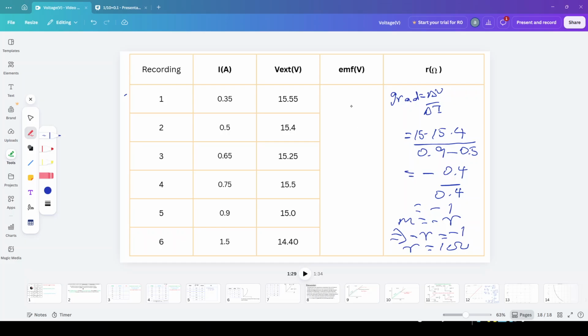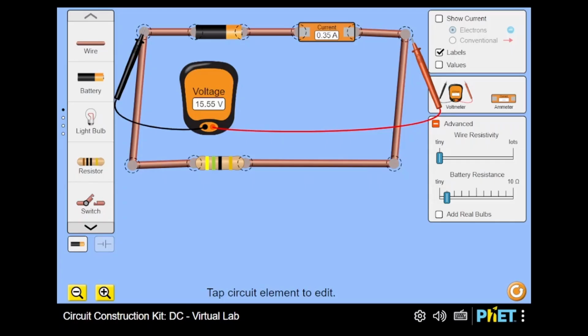And we've said that the EMF is 15.9 volts. So let's go to our circuit and verify these values. Okay, so this is our circuit. What do you think we should do to get the reading of the EMF?